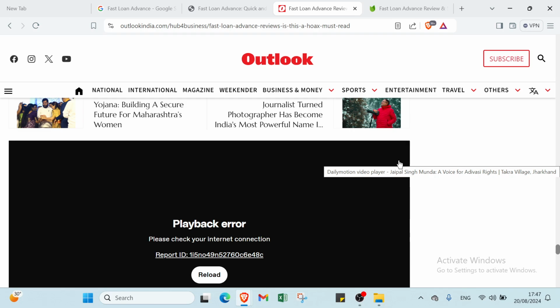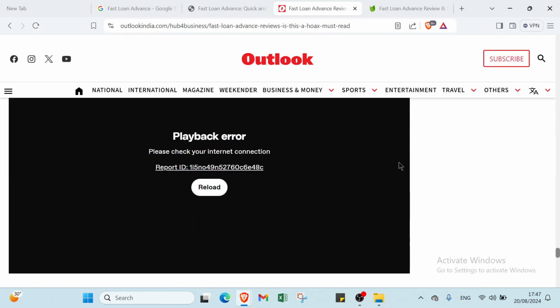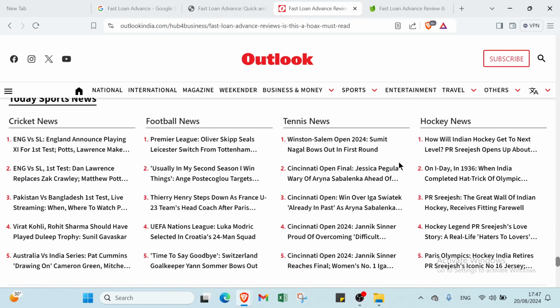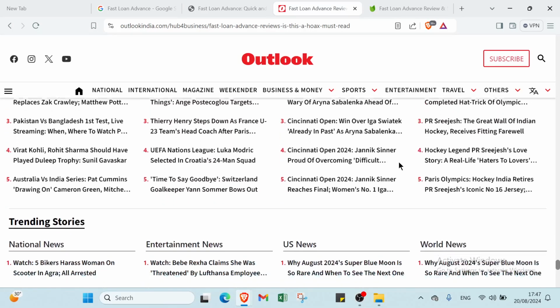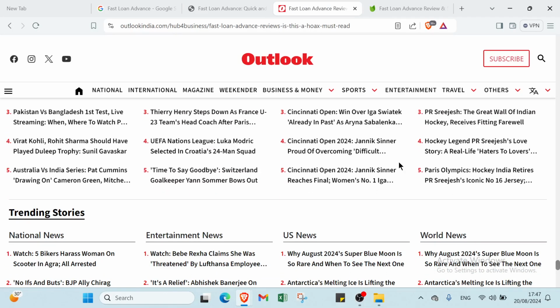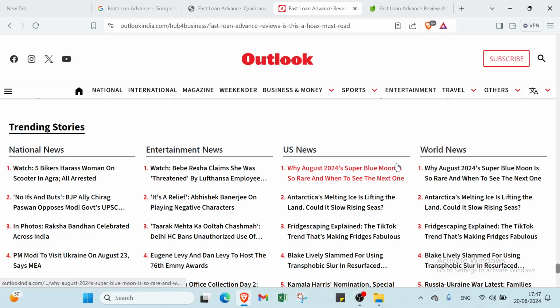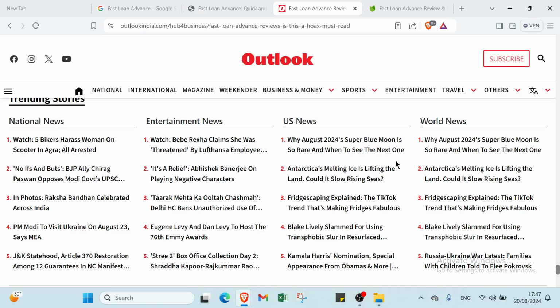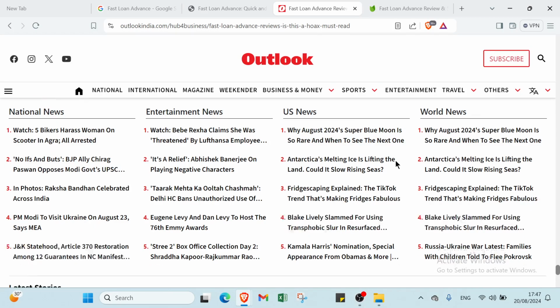Many lenders provide clear and upfront information about interest rates, fees, and repayment terms, helping you make informed decisions. Then we have immediate relief. Fast loans can help you address urgent financial issues such as medical expenses, car repairs, or unexpected bills, providing immediate relief and peace of mind.